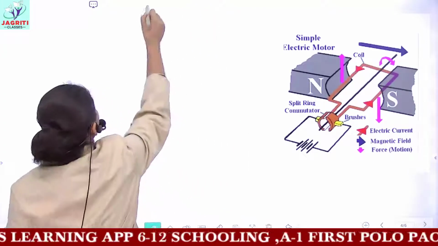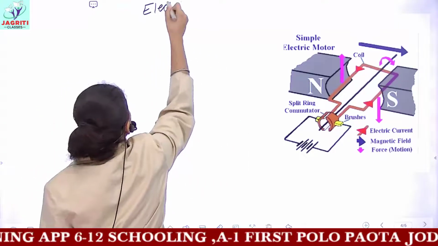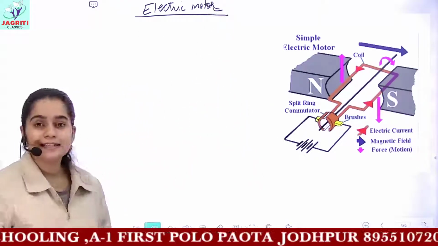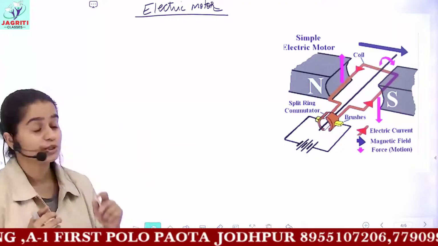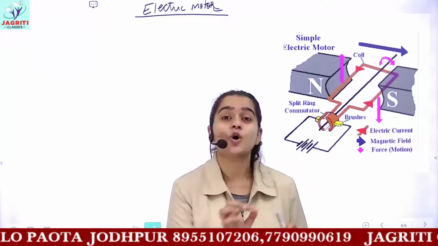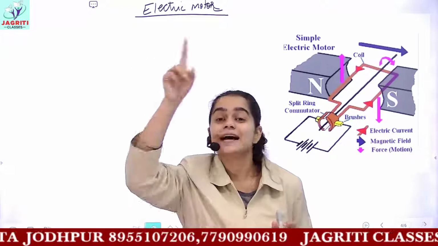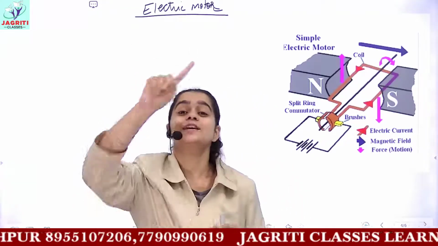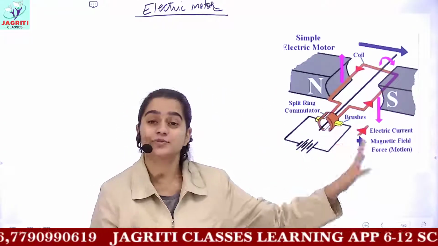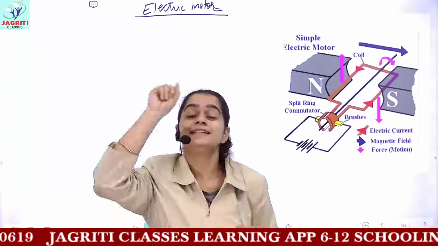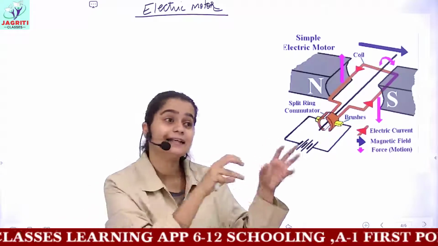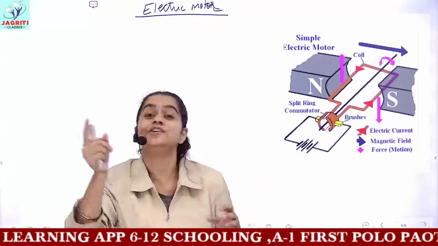So what is an electric motor? This is a very common device. Everywhere we have seen it, in our homes, offices, shops. Suppose you switch on a fan. As soon as I switch on the switch, the fan starts moving and does a rotating motion. It means there is some device which is converting this electrical energy into the rotational energy of the fan.